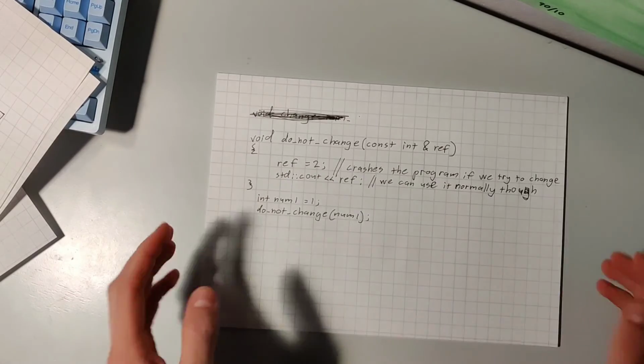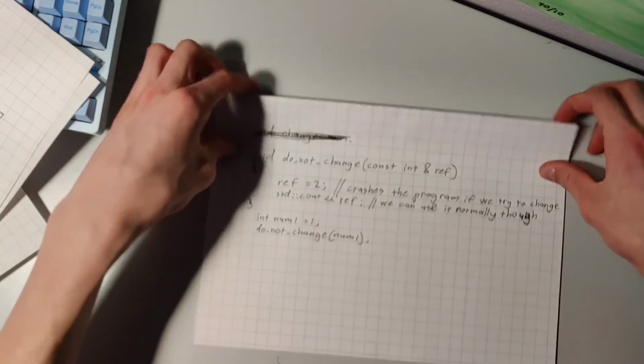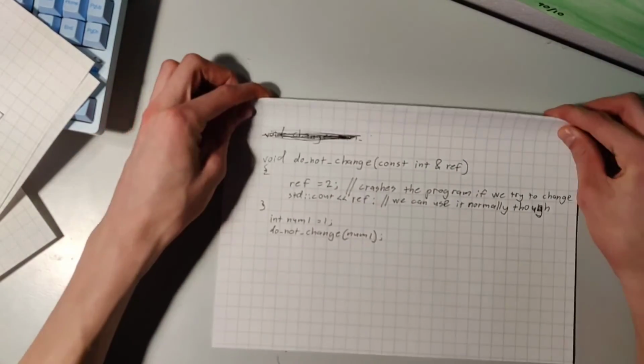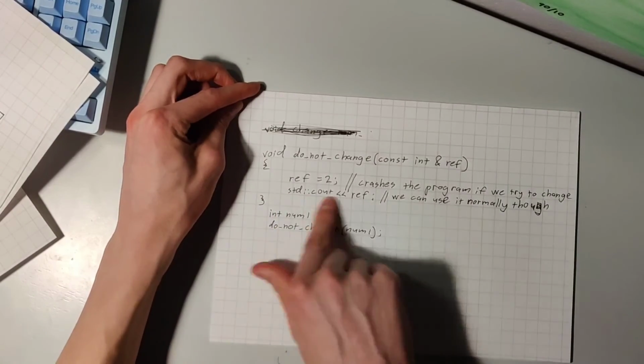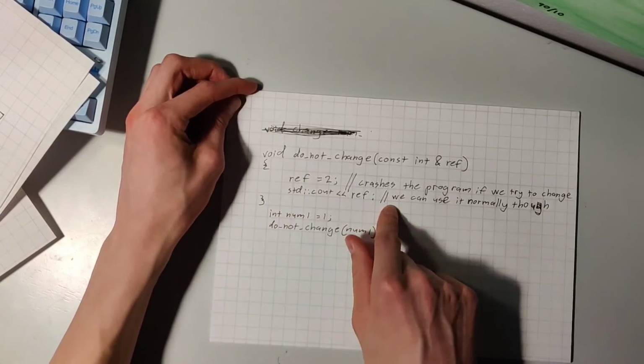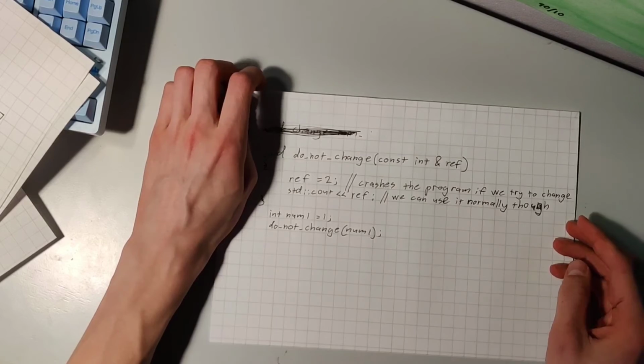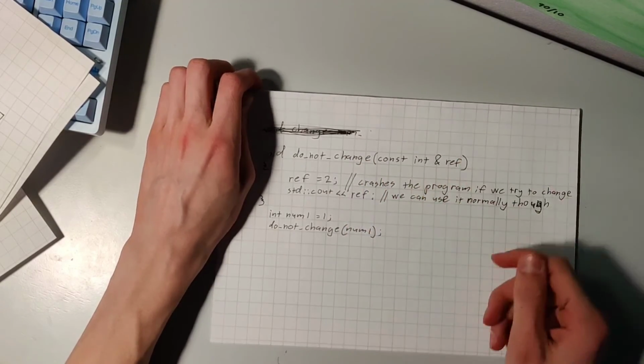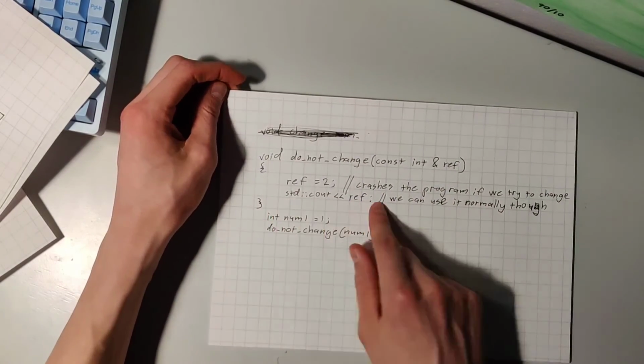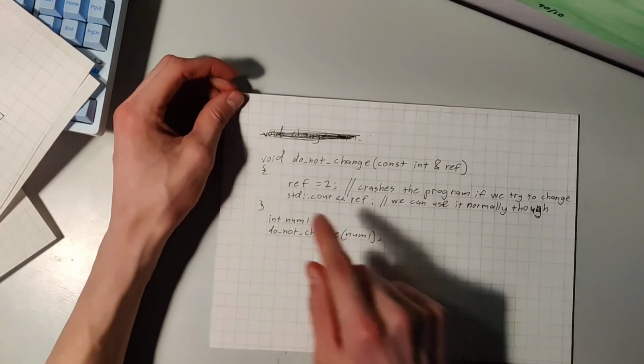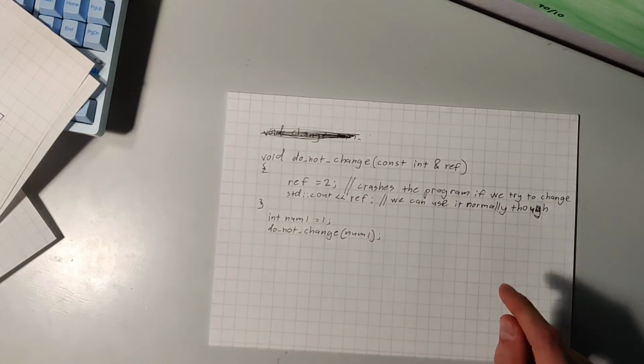So it's a helpful way of knowing that it's impossible to change. If we print the ref, that's the most useful case for const references. We can only print and do other stuff, but we cannot change it. Okay, that's basically it.